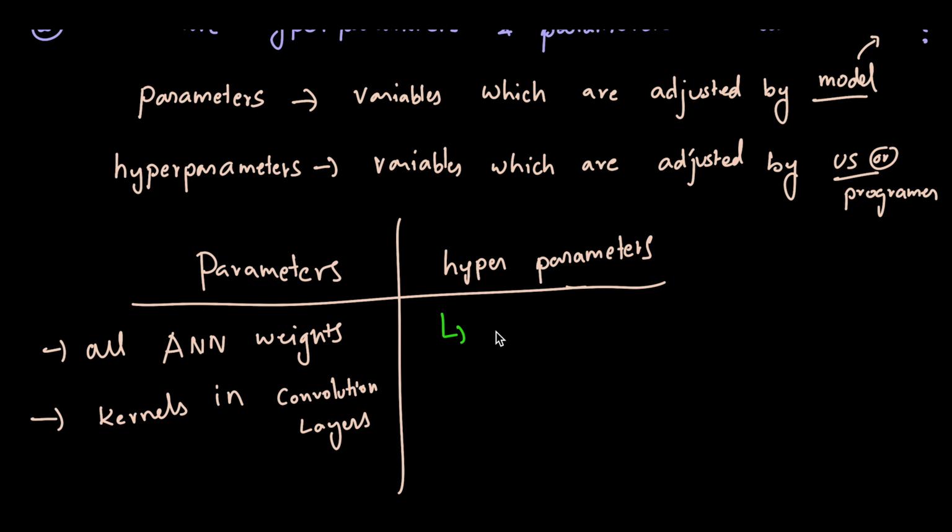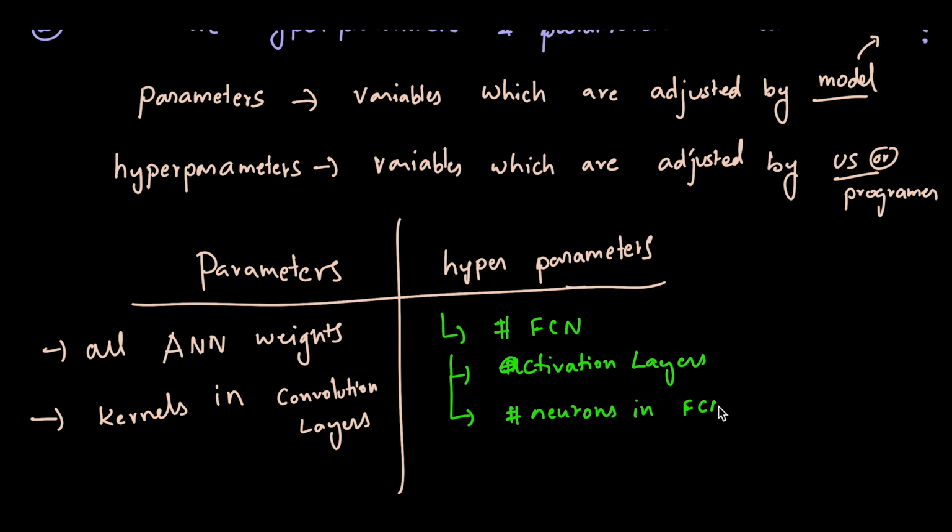So in case of ANN, which all hyperparameters we have? The number of fully connected layers, that will be one hyperparameter, and what is the activation function that we are using in case of these fully connected layers, or the hidden layers in case of ANN, that also will be one hyperparameter. And what is the number of neurons in each of these fully connected layers.